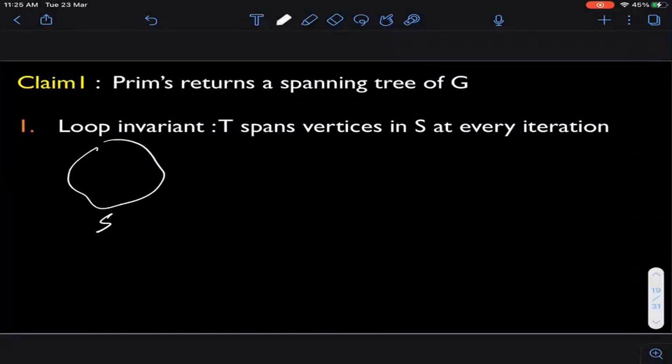So why is that true? Or how should you prove this? It's a two-line proof, but still, how would you prove this? What is the technique that you should use here?